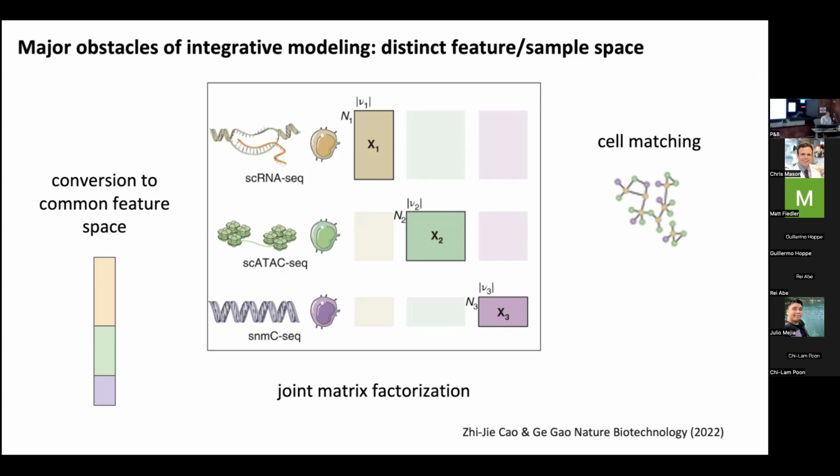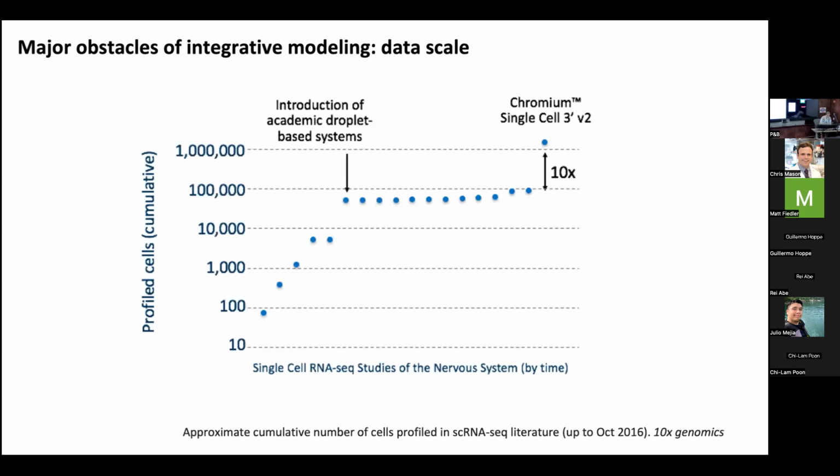In most cases, you will do a joint matrix factorization, which requires no explicit feature conversion but is computationally less scalable. Essentially, we try to find a low rank representation of our data. In general, in bulk integration methods, you would expect many more features than samples.